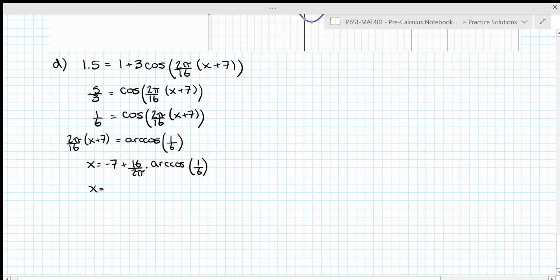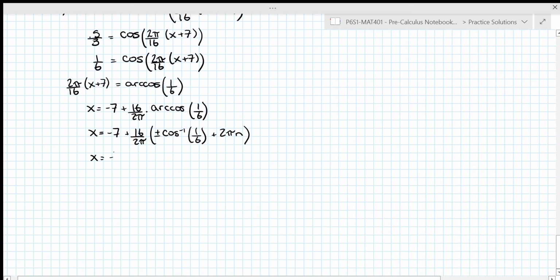And then I actually have to plug in the equation. What is the arccosine of 1/6? Well, it's the positive or negative value that my calculator gives me, the inverse cosine of 1/6, and every angle coterminal to it.